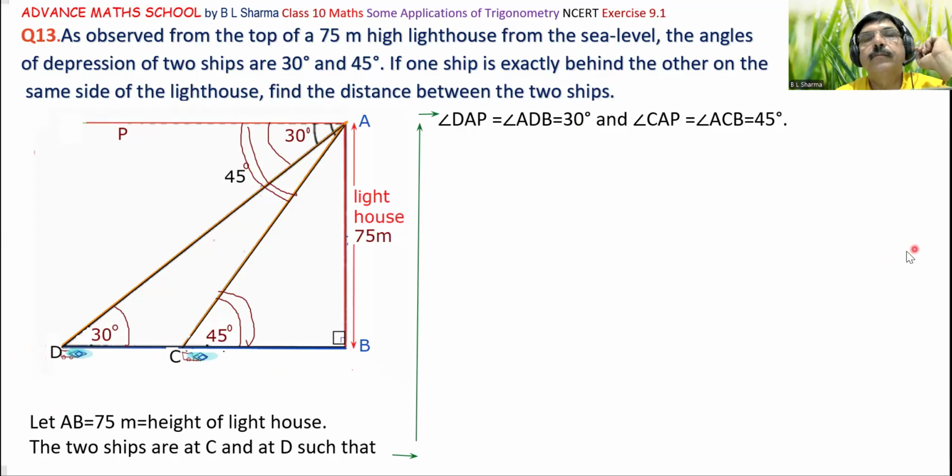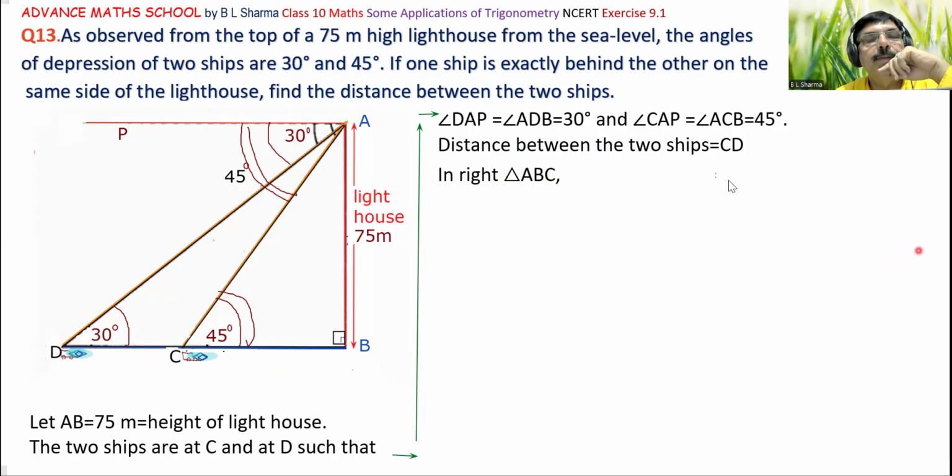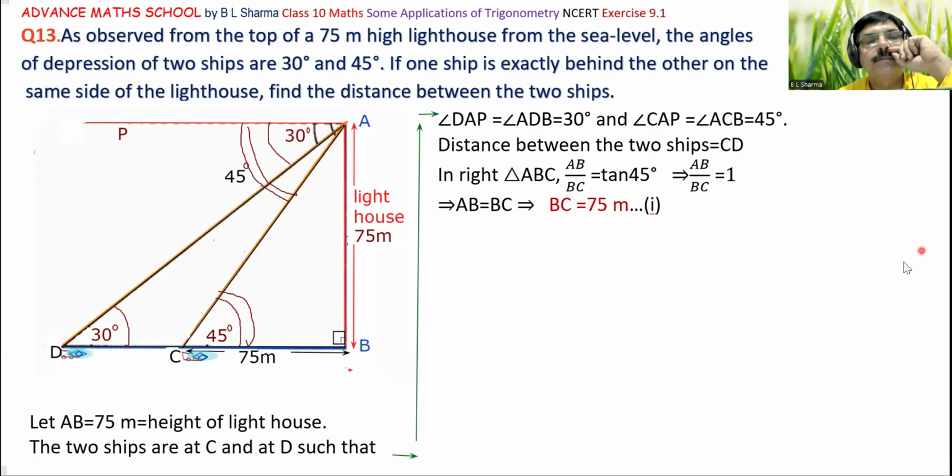So in right triangle ABC, AB upon BC is tan 45 degrees. AB is 75, tan 45 is 1, so AB is equal to BC. It means if AB is 75 meters, BC is also 75 meters.